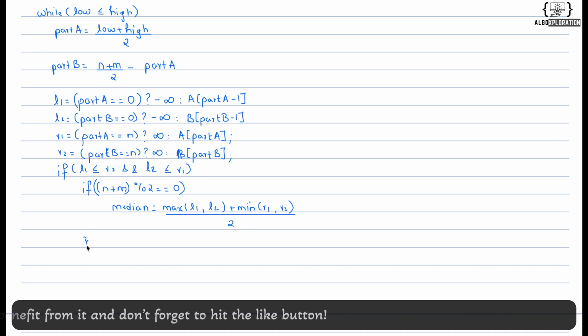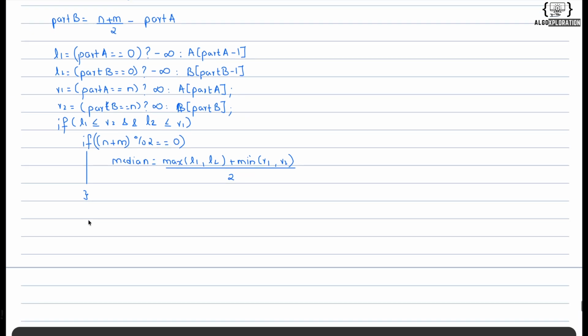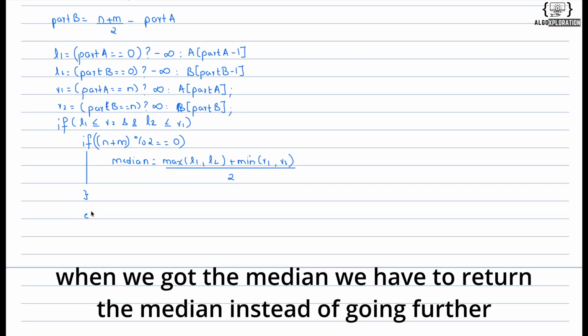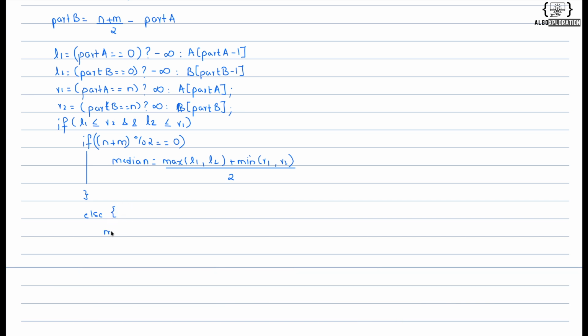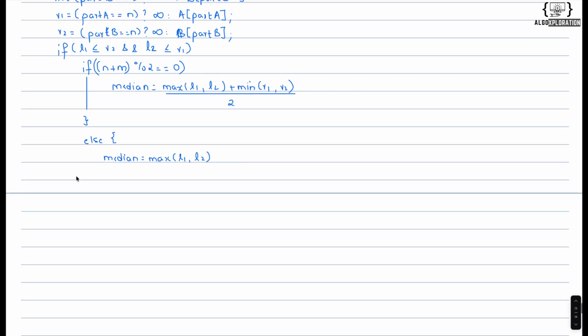But what if n plus m is not even? In this case, we just need the max of L1 comma L2. That's it. Again, please try to dry run it by yourself as well. This will be the condition for validating the partition.